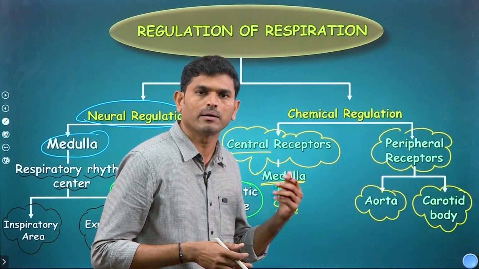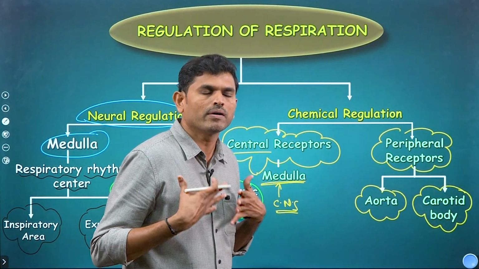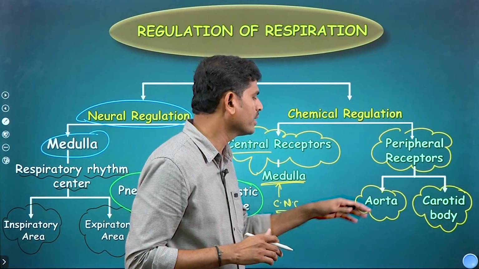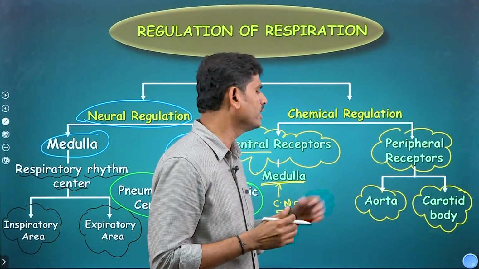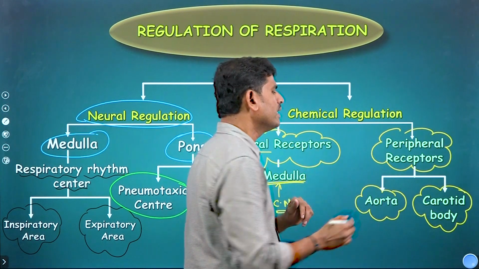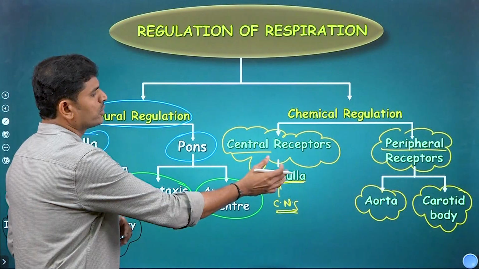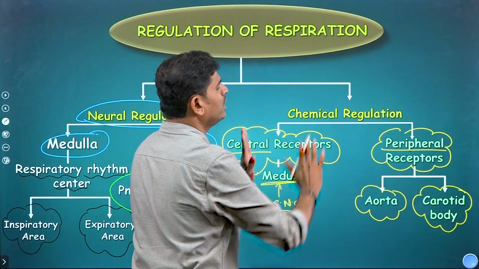Peripherally they are located in different parts, away from the central neural system, in the thoracic region. These are the blood vessels, aorta and the carotid body. That's why this is known as peripheral chemoreceptors. So these two constitute the chemical regulation.